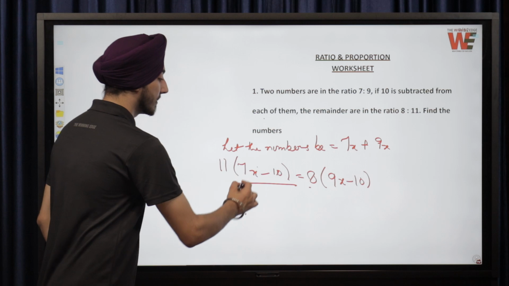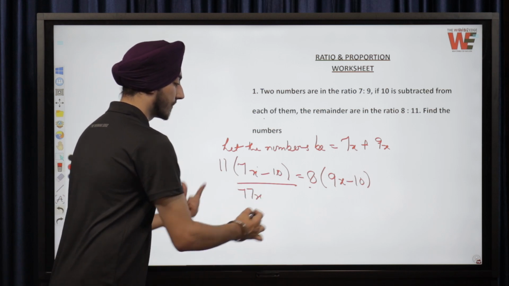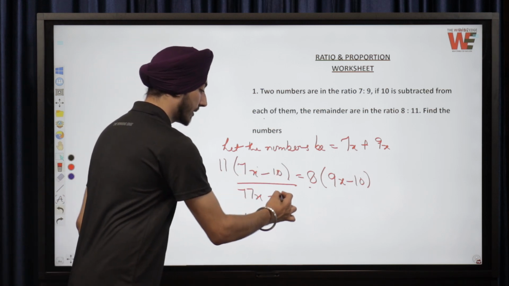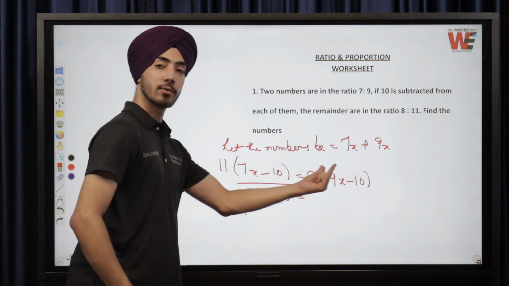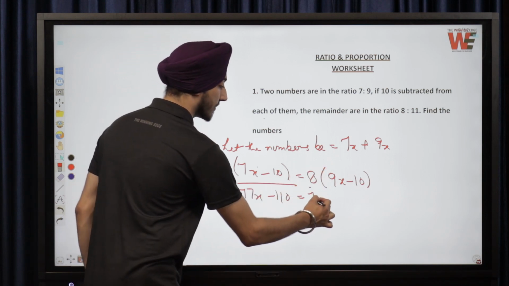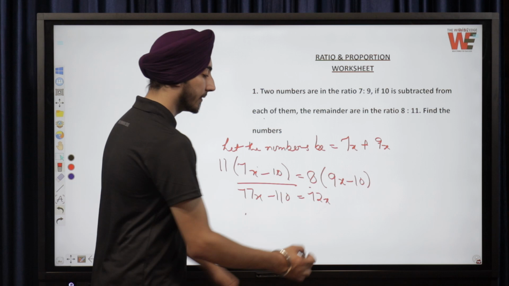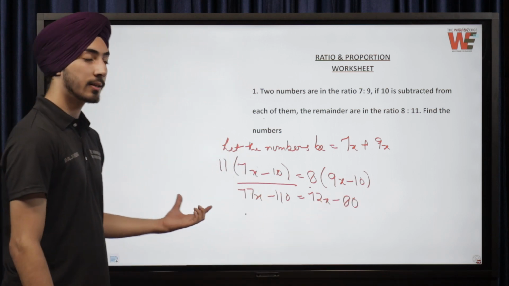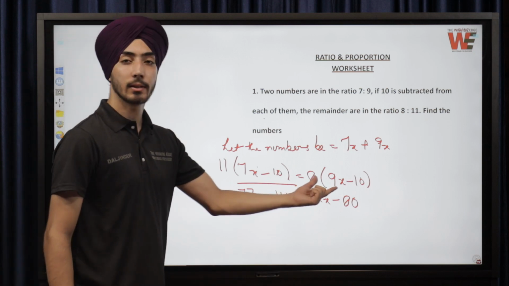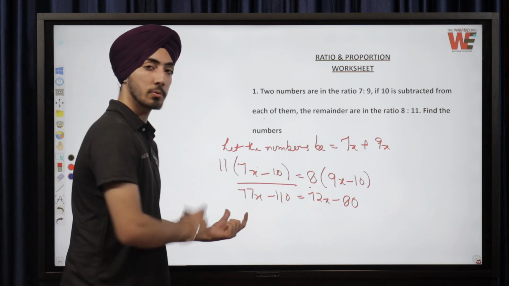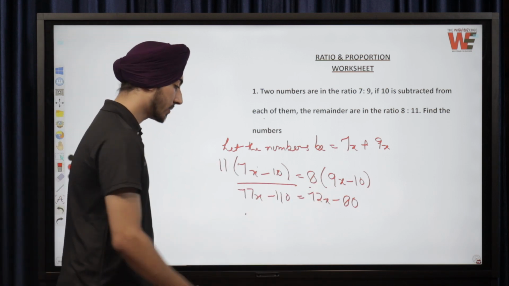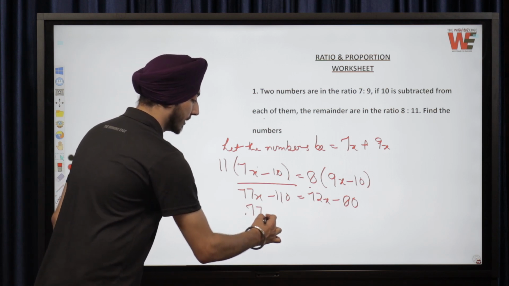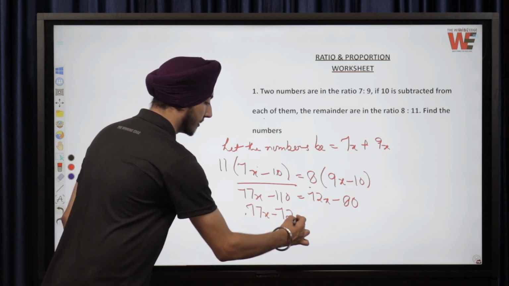We'll multiply. 11 7s will give you 77x. 11 into 10 will give you 110. 8 into 9 will give you 72x. And 8 into 10 will give you minus 80 here. Now we'll assemble the like terms and unlike terms. So 77 and 72 are like terms. Let's bring 72 on this side: 77x minus 72x.